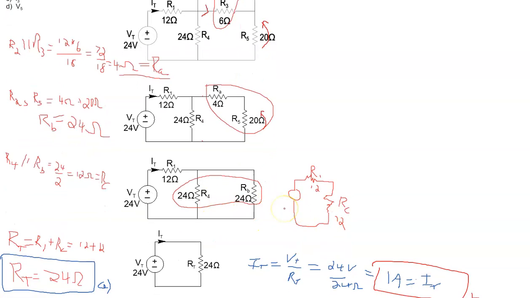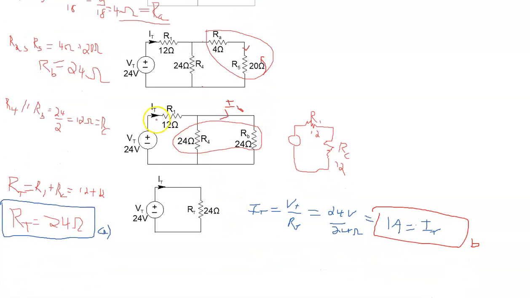V5 is not on this circuit, and so the idea is that if I want V5, I need the current in that branch, which is IB, and so I can find IB, right? Why? Because I can find that IT here at 1 amp divides into these two.